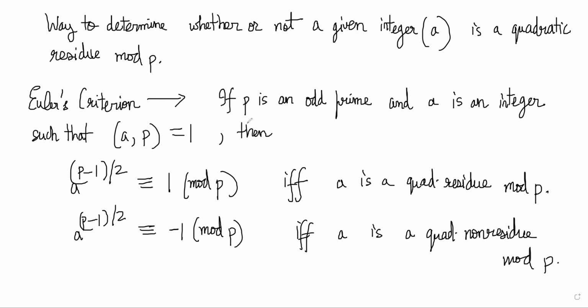So now, using Euler's criterion, another mathematician, Legendre, defined a symbol. It's called the Legendre symbol. In order to facilitate calculations, we will be using this Legendre symbol.